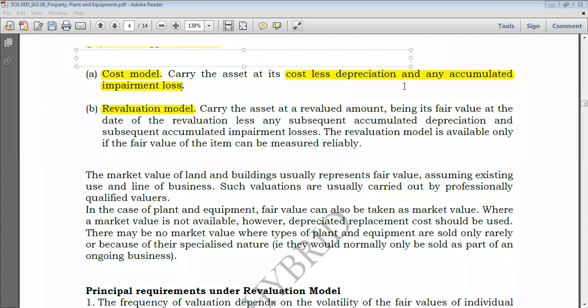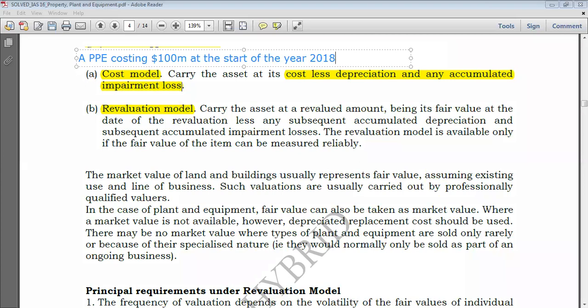So let's just presume that you had a PPE costing $100 million. This was the value of our PPE at the start of the year, let's say 2018, something like this.